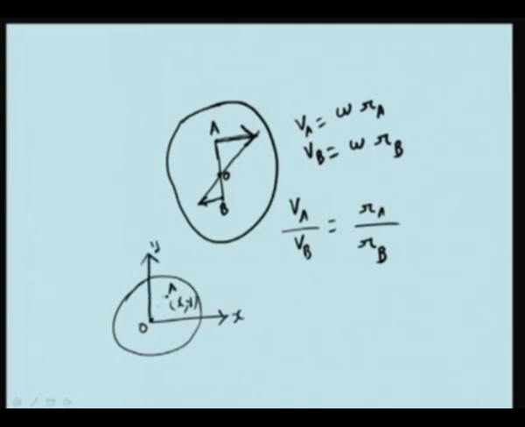Therefore, in this case, the distance OA is given by x square plus y square, which is equal to constant.